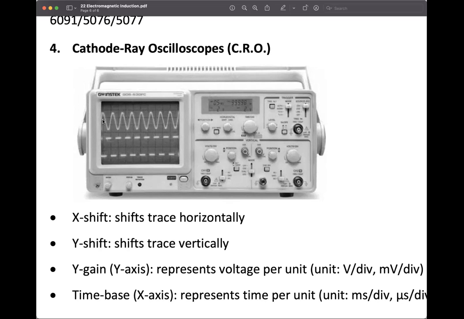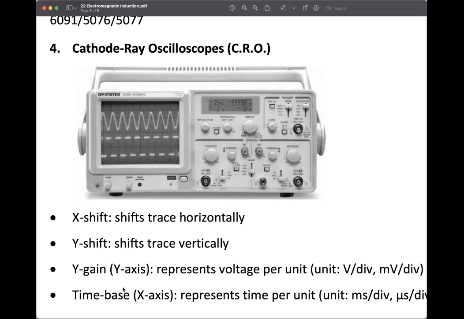If your wave is very, very small, you want to increase the magnification, so you change your Y gain. Same thing for time base. Sometimes you may see the waves very close together. You want to see the detail and spread it out, so you adjust the time base to widen the wave, or you squeeze the wave further. That is what the time base is about.